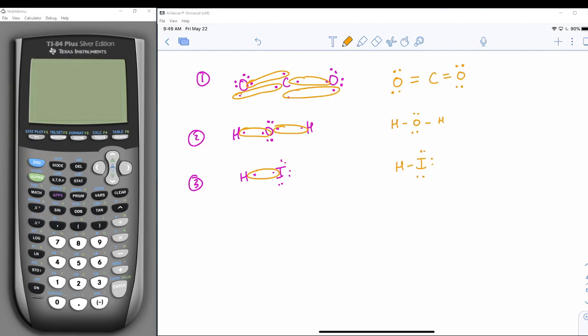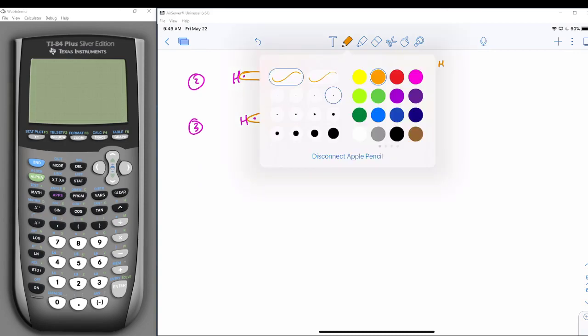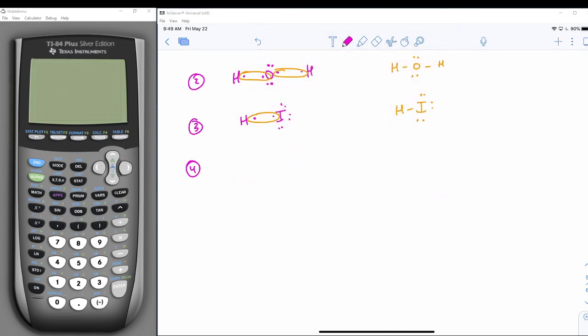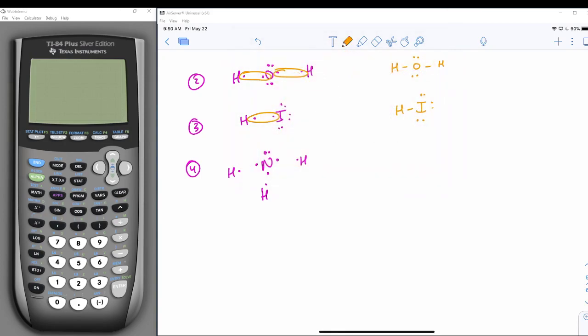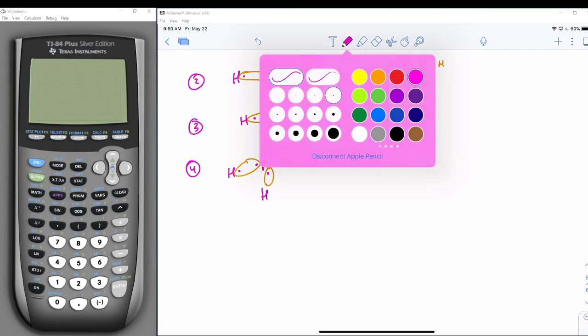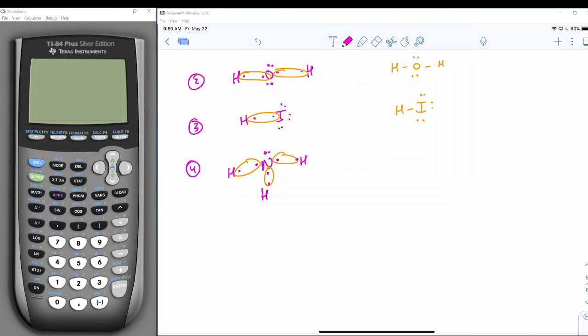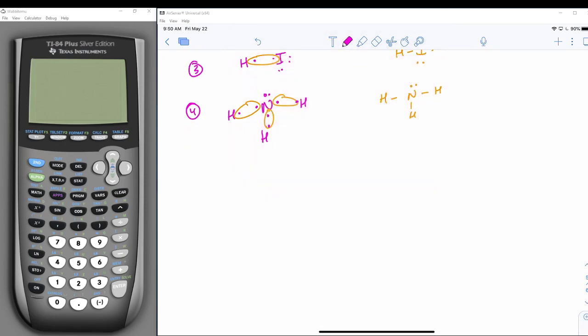And notice I draw the lone pairs around the I that are still not bonded together because those are important. 4. NH3. N has 5. Each H has 1. So each hydrogen shares a pair of electrons with the nitrogen here. And we'll continue on doing that for the rest of these structures. 5.